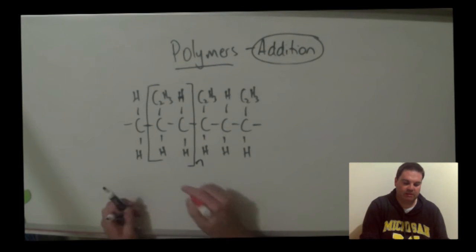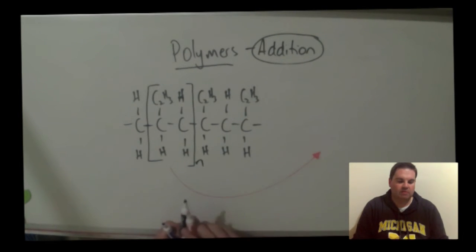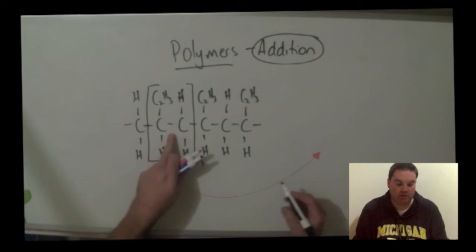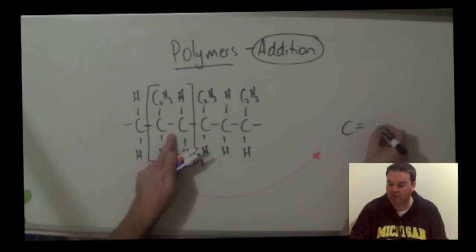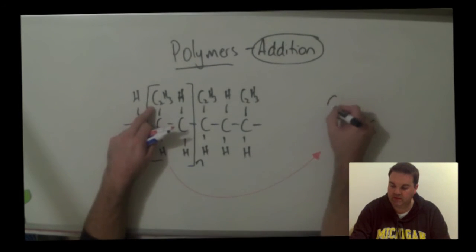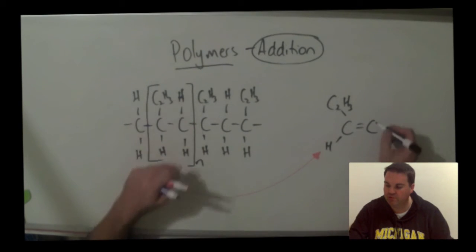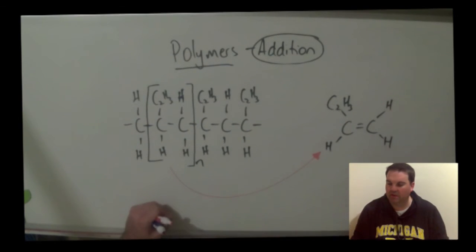So I know that this is where I'm going to get my monomer from. Now I know that what I need is a carbon-carbon double bond in the middle. Up here I've got C2H3, hydrogen, like that.